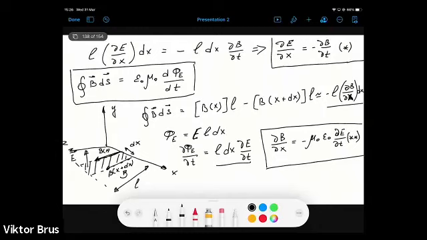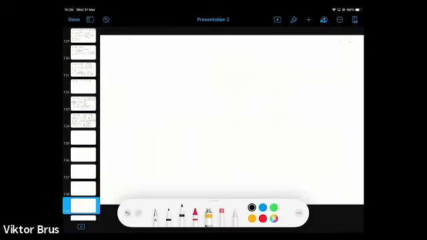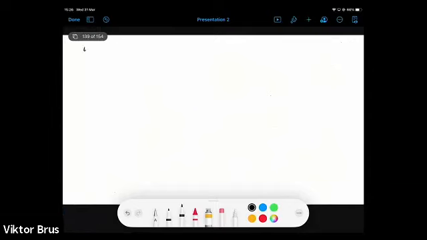Let us write down these two equations on the next slide, because we will use them for further derivation. Okay, so dE over dx is equal to minus dB over dt.